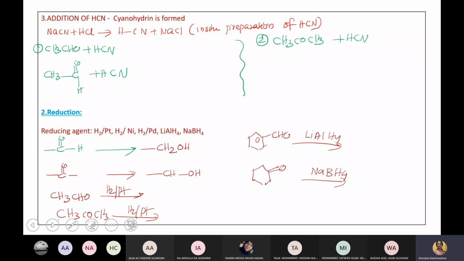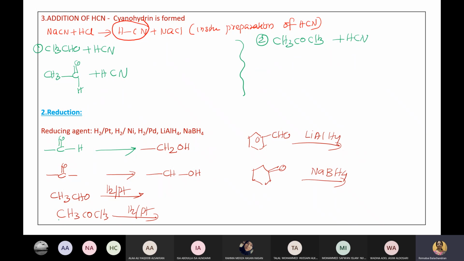So the next one is a similar reaction: addition of hydrogen cyanide. This also comes under nucleophilic addition reactions. In all nucleophilic addition reactions, the hint is little negative, little positive. First of all, HCN is highly unstable, so it has to be prepared on the spot in the reaction mixture.